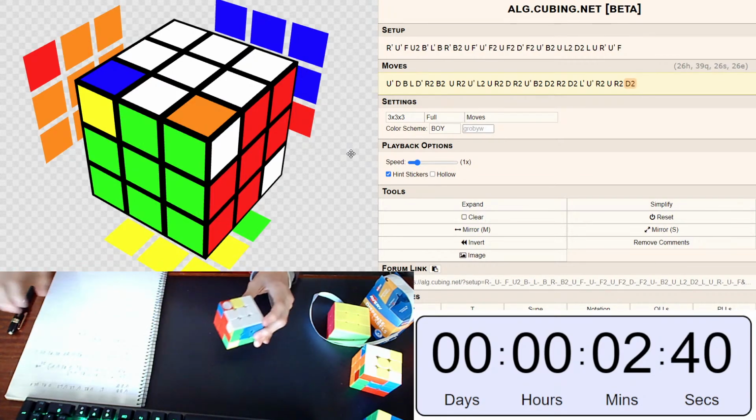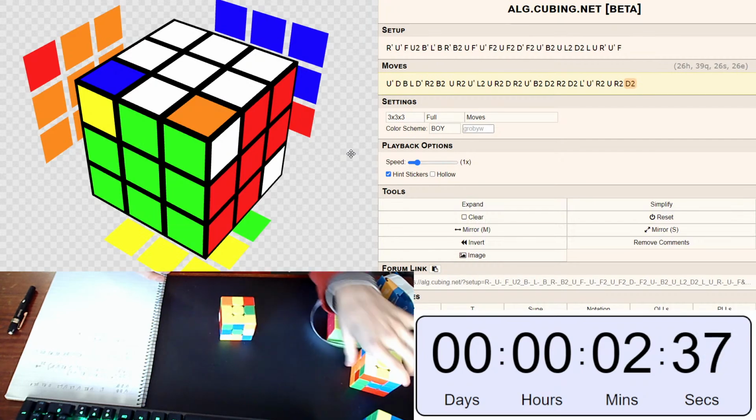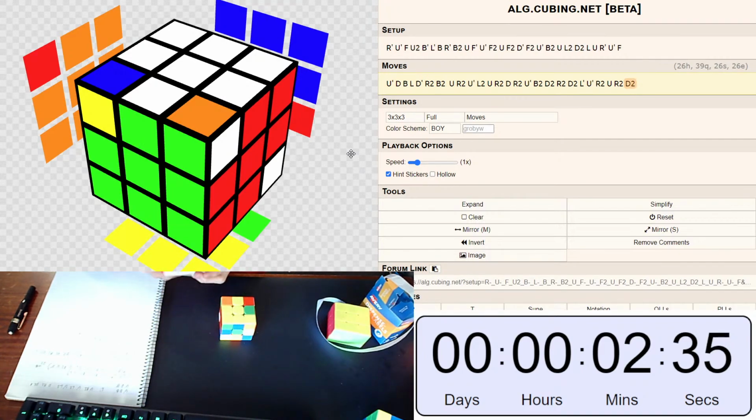So the best part is that I actually misscrambled again. So that's why I don't use stickers, because I do that all the time.